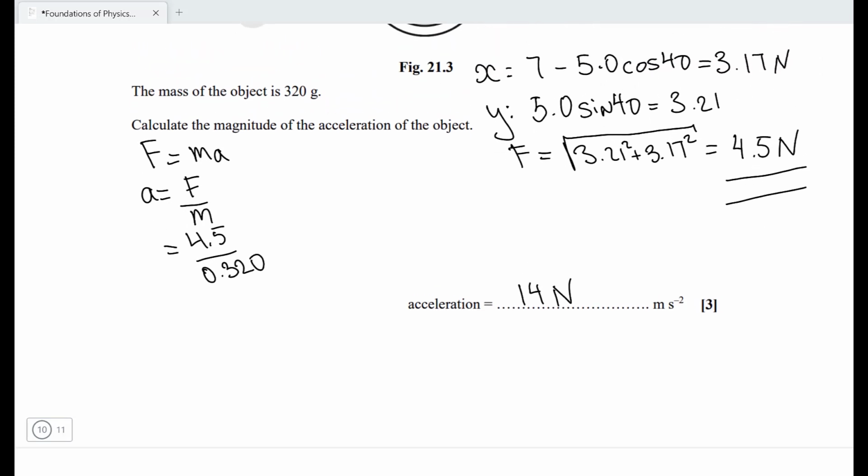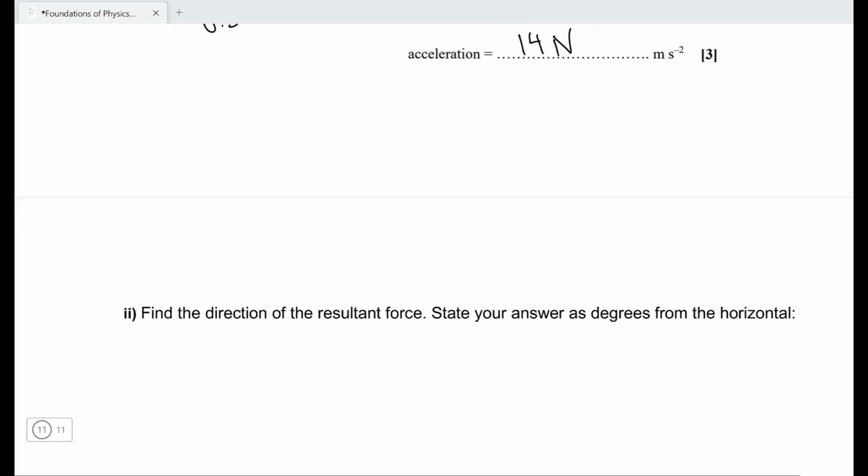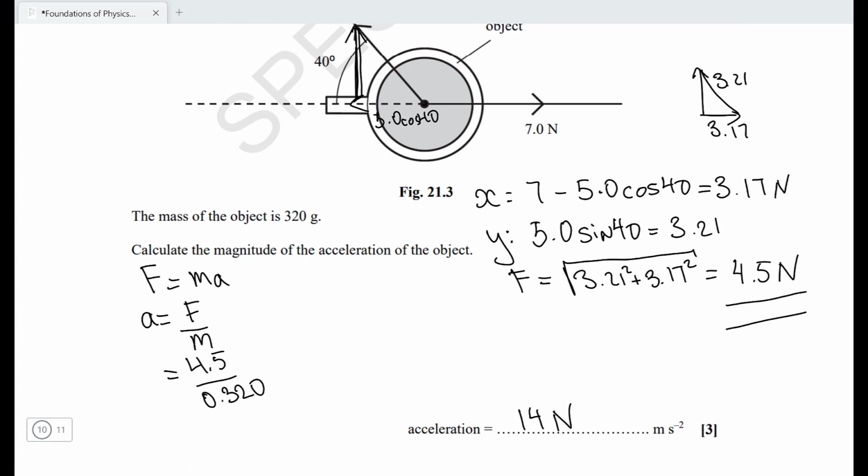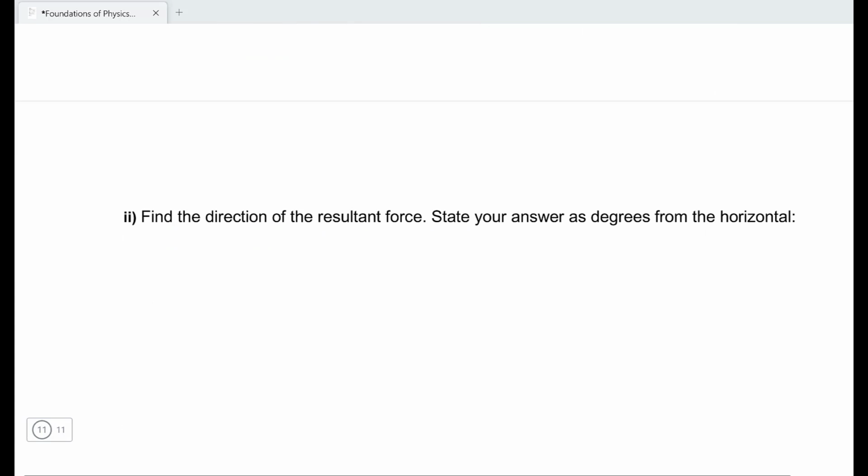So let's say that I know the x and y components of 3.17 and 3.21. The angle to the horizontal is going to be this angle right here, where, by the way, 3.21 is this component here, and 3.17 is this one. So I can just use that tan of theta is equal to 3.21 over 3.17.